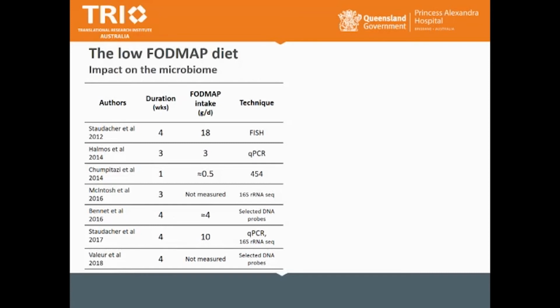You can see that these 2 studies have brought FODMAP levels to a very low level, and it's likely because they're the 2 feeding studies, so they're able to control patients' dietary intake quite strictly. You can also see the technique used to measure the microbiota varies from one study to the next, so the level of depth at which we're able to look at the microbiome varies from one study to the next.